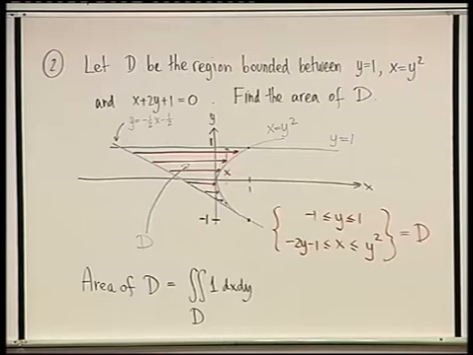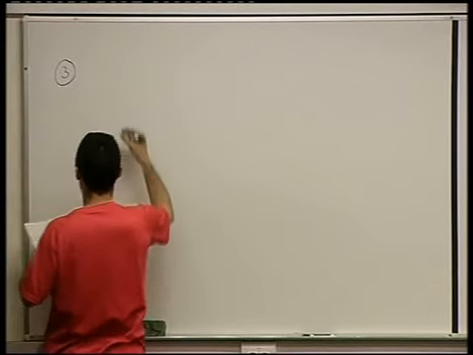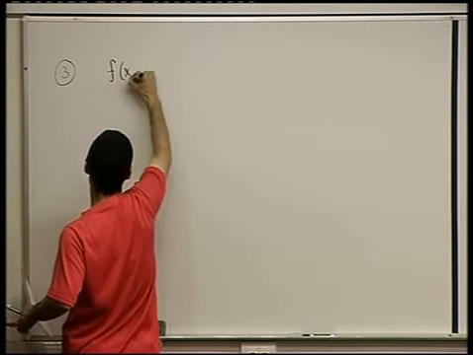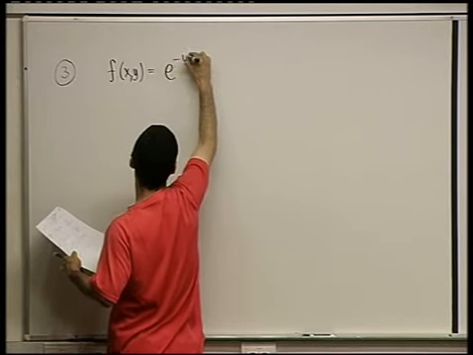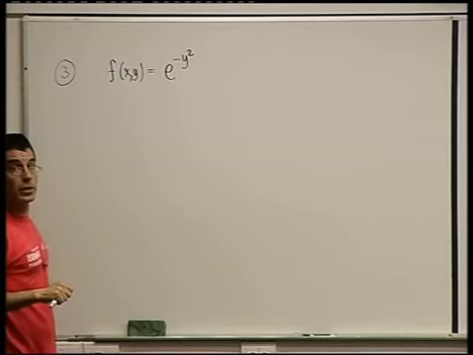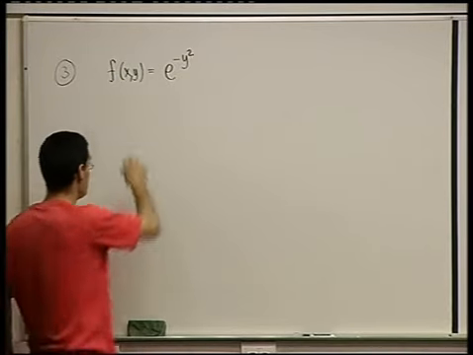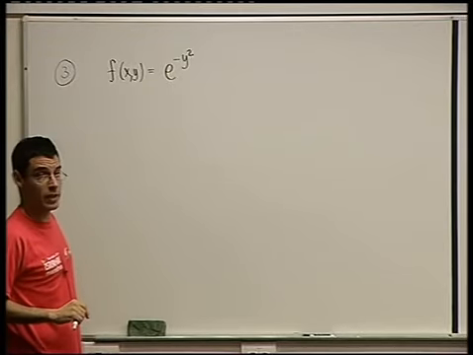So this is a neat example. It's an example I like. So this is example 3. Here's the function. f(x,y) is going to be the function e to the power minus y squared. So it's a function of two variables which just doesn't see x. So it's the same for every value of x.